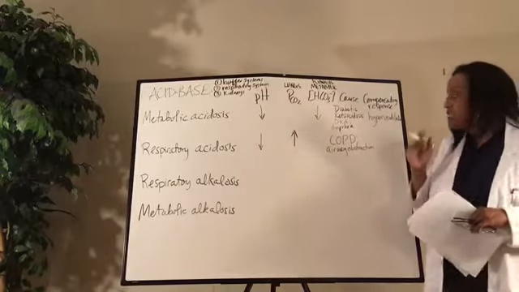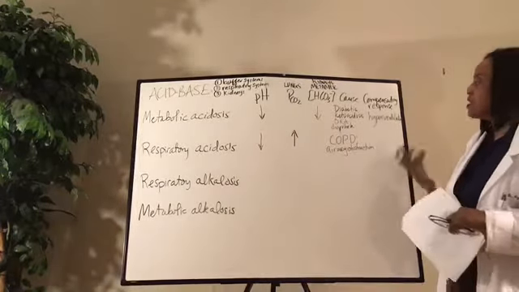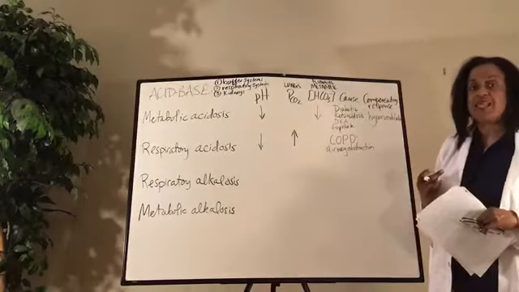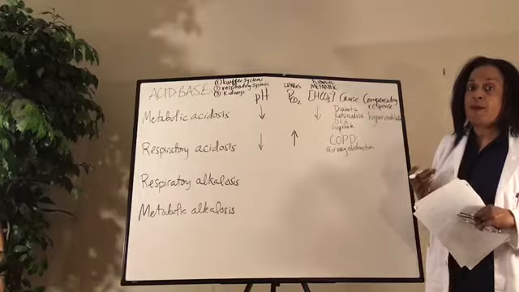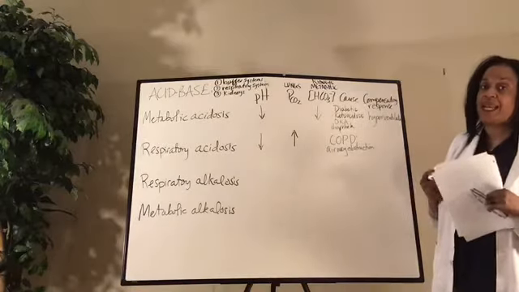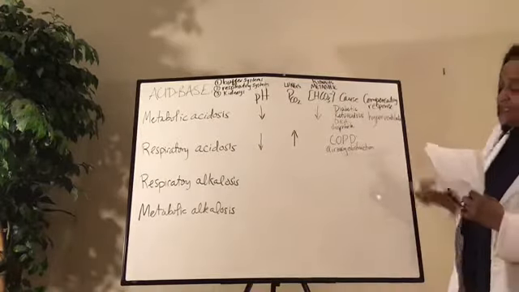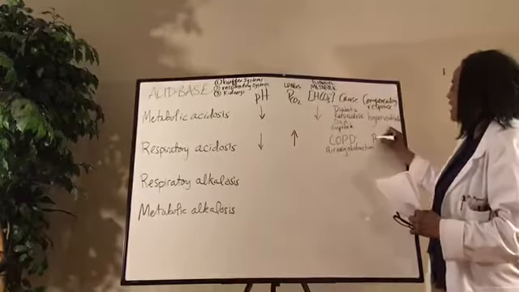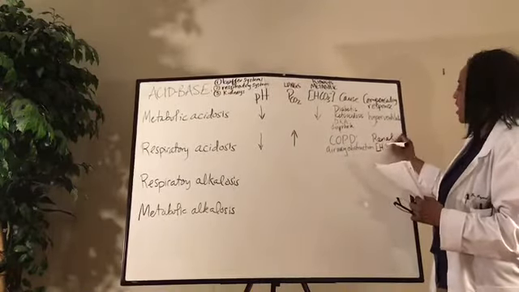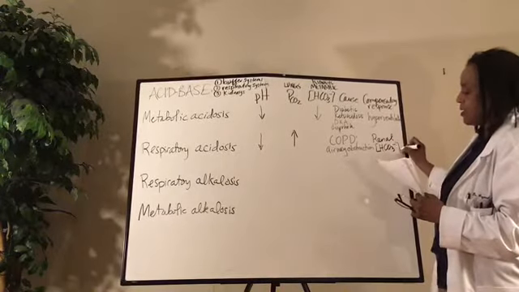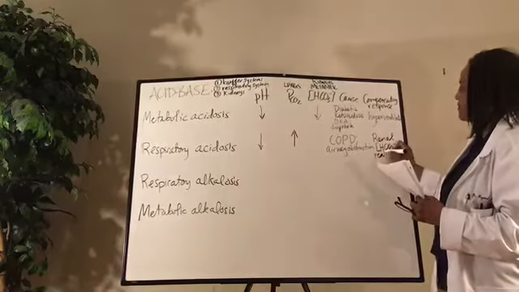So let's see what it does. It's already acidic. So I think that the kidneys will say, hey, we need to reabsorb bicarb, put bicarb back in the body so that we can neutralize this acid. So the kidneys will take over. We have a renal bicarb reabsorption.